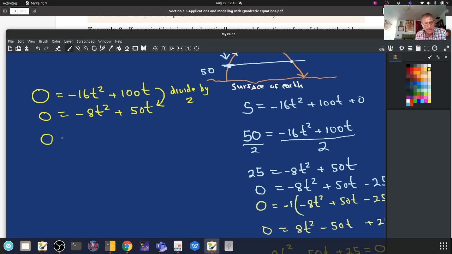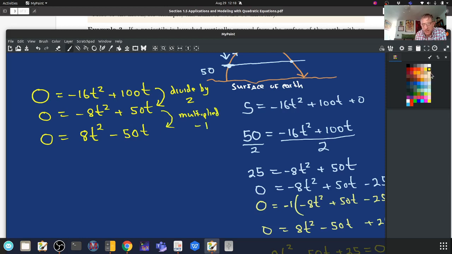And the next thing I'm going to do, since I have a slight preference, I like my leading coefficient to be positive. So to get to here, I multiplied, again both sides, by minus 1.